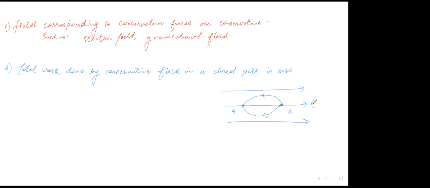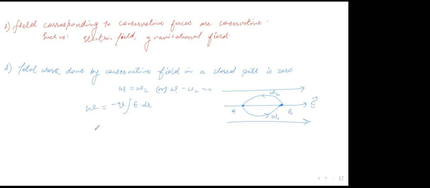Suppose this work done is W1 and this one is W2. W1 and W2 are the same, so the integral of minus Q E dot dr is 0. You can write W is equal to minus Q integration of E dot dr, and W1 minus W2 is 0.